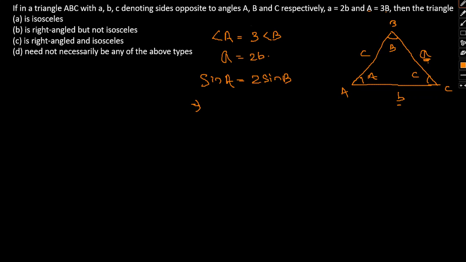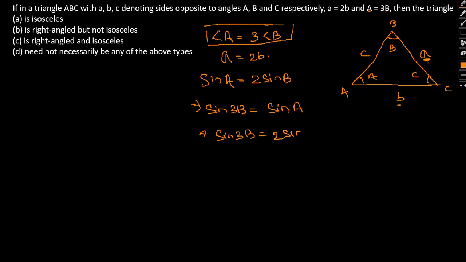Again we can further write sine 3B will be equal to sine A. We can write this from this particular equation, so sine 3B equals 2 sine B.